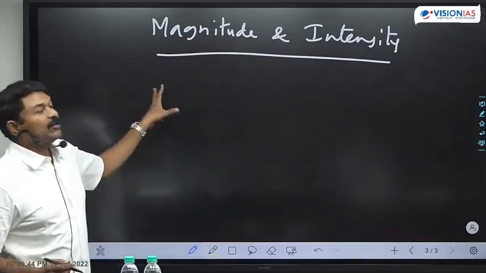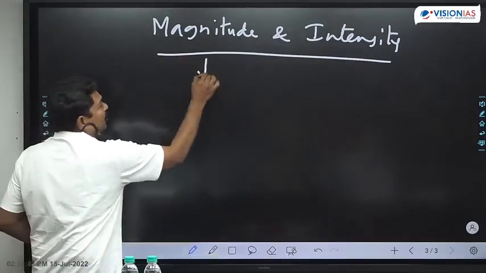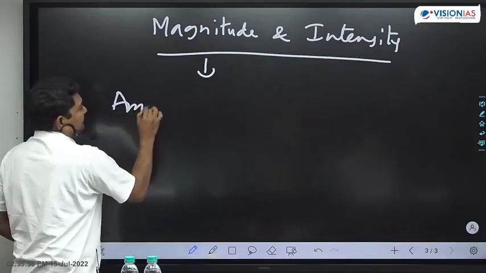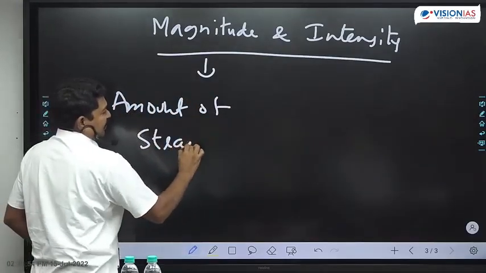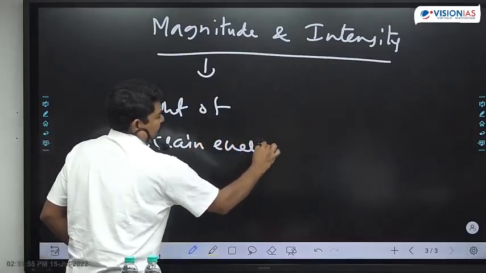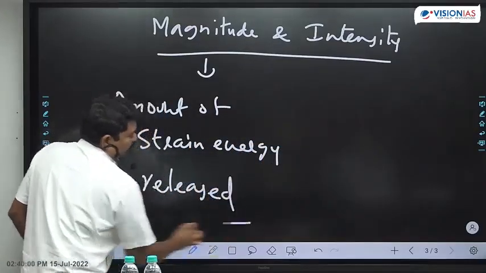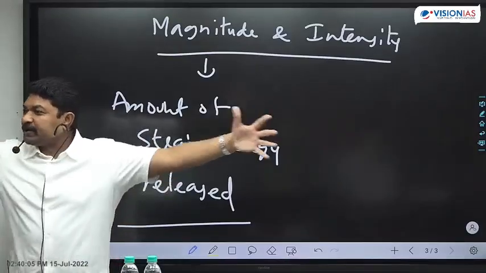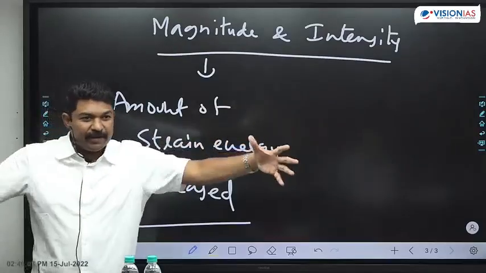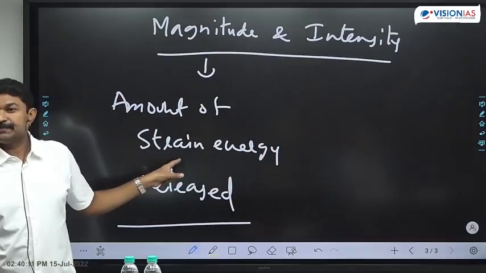See the magnitude and intensity. Magnitude is nothing but the amount of strain energy released. Whenever the rock breaks, how much energy is released at the focus is called magnitude.